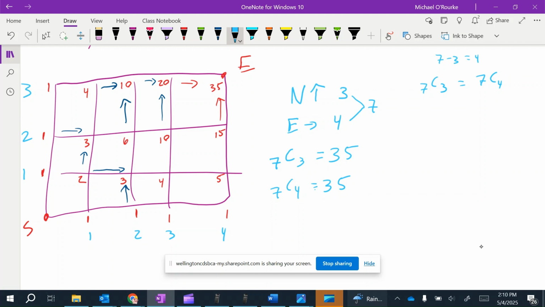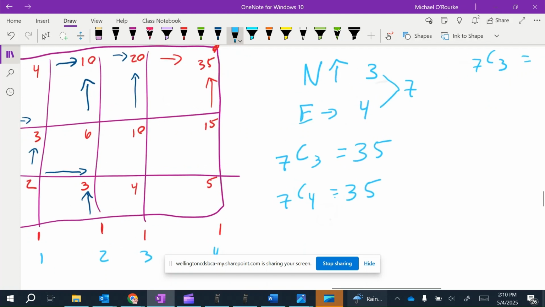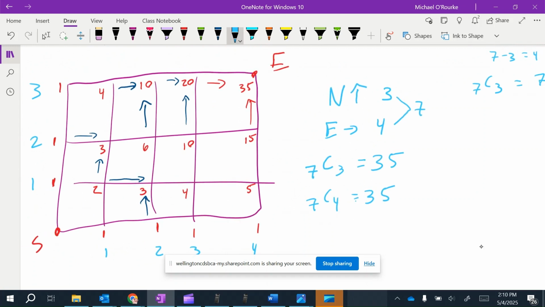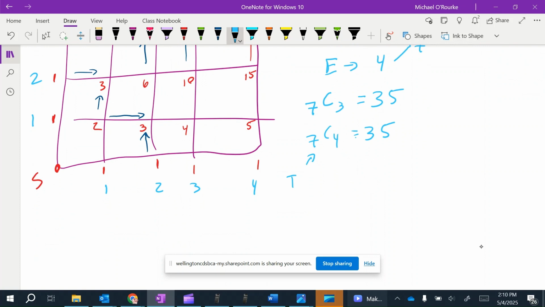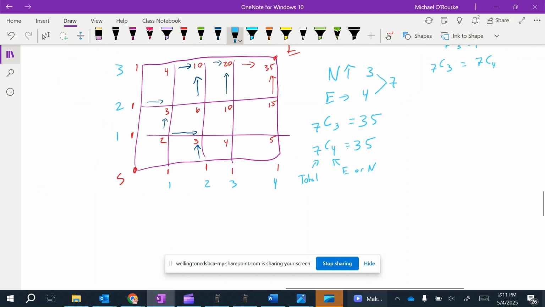Those two numbers are symmetrical. Now it's a lot easier, instead of adding up all those moves and working through it, to recognize the total moves you need. That's our total moves, and then doing either our east or our north moves to get the answer.